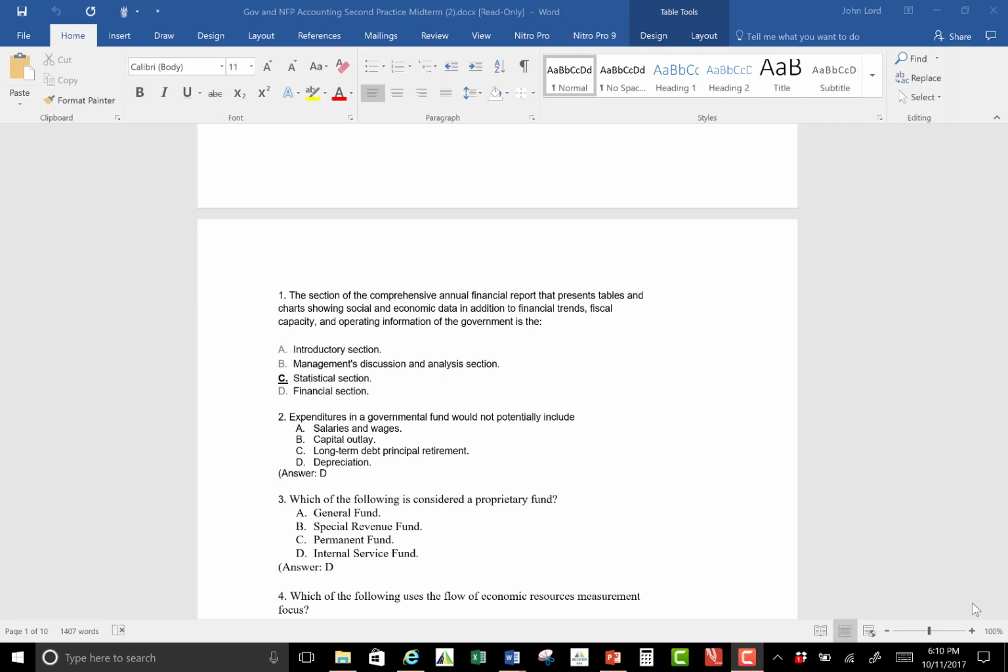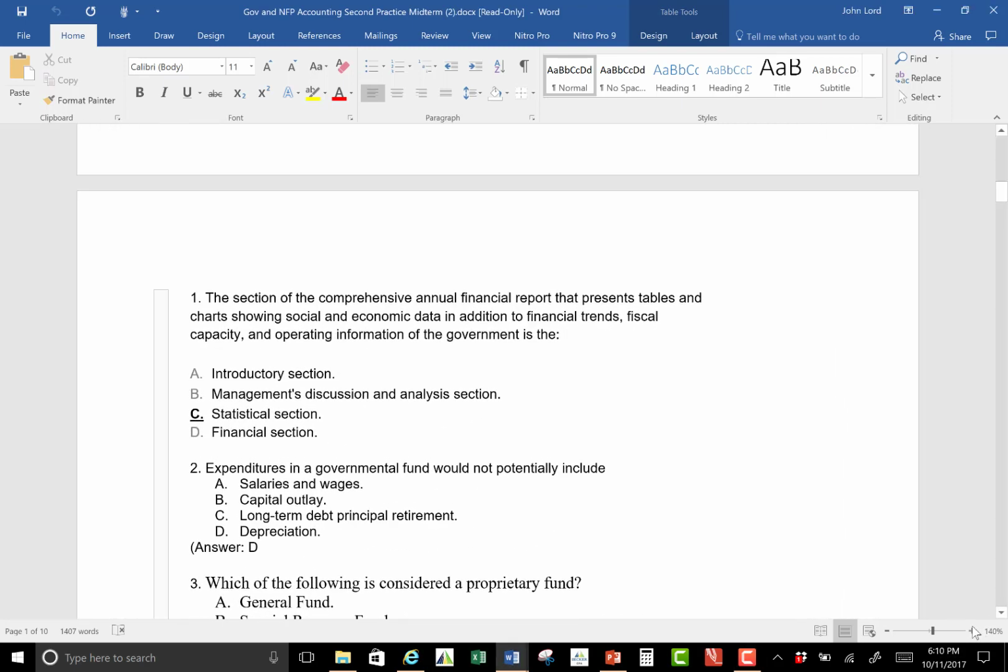Okay, so let's go ahead and take a look at the second practice midterm. Number one, this section of the comprehensive annual financial report presents tables and charts showing social and economic data and additional financial trends, fiscal capacity, and operating information, like the number of motorcycle helmets.